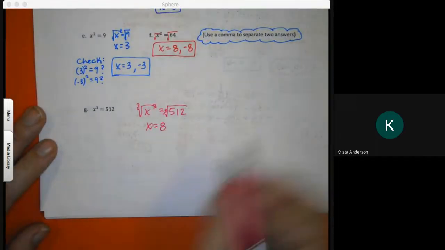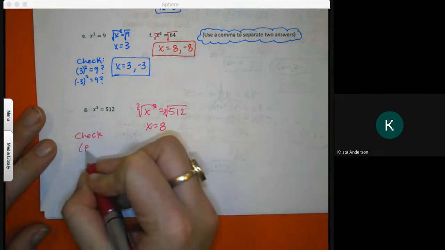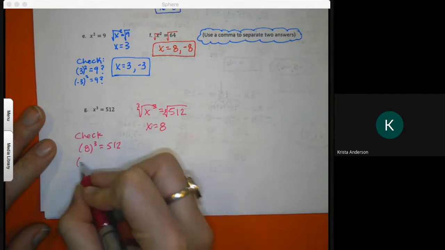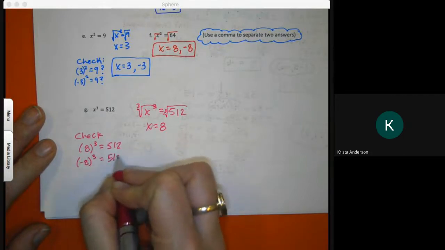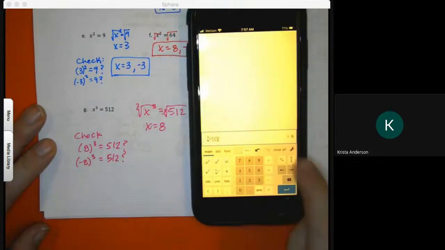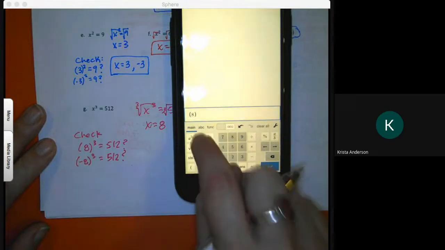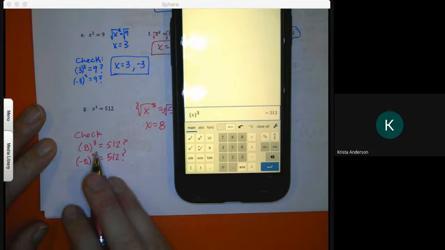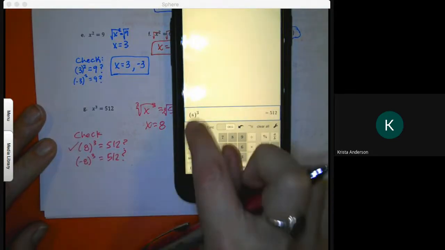Now I'm going to test it. I'm going to check. Is 8 cubed 512? Yes, it's good. What if I have a negative 8 in there?